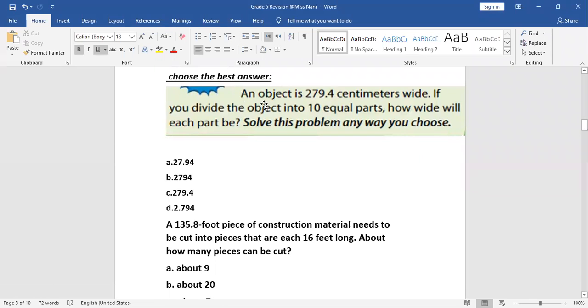Choose the best answer. An object is 279.4 centimeters wide. If you divide the object into 10 equal parts, how wide will each part be? So it's clearly telling me to divide. So as we took here, when we divide any number by 10, the decimal point goes to the left. So the answer is 27.94, and I will show it to you also, of course.